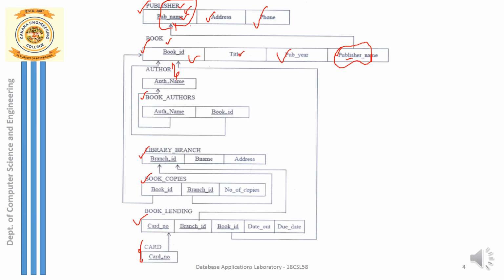So here we call this publisher name a foreign key because it is referencing. And what is referenced? The referenced is actually the primary key which is a part of the base table. So whenever you reference something, that referenced attribute should be the primary key in the base table.